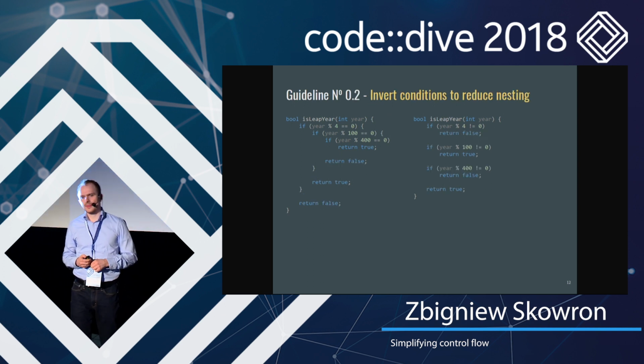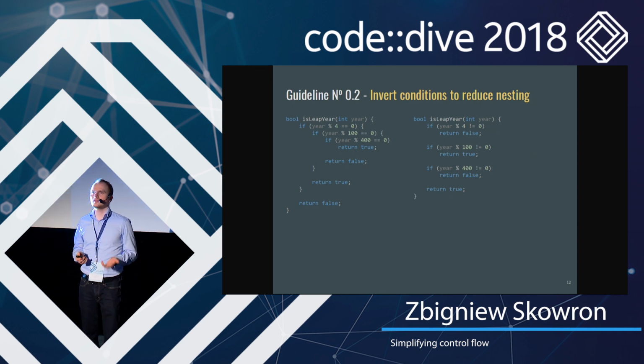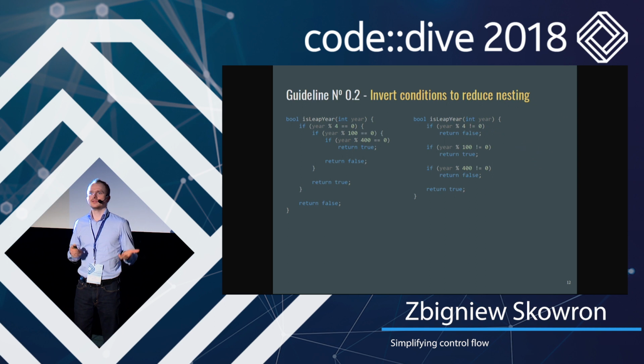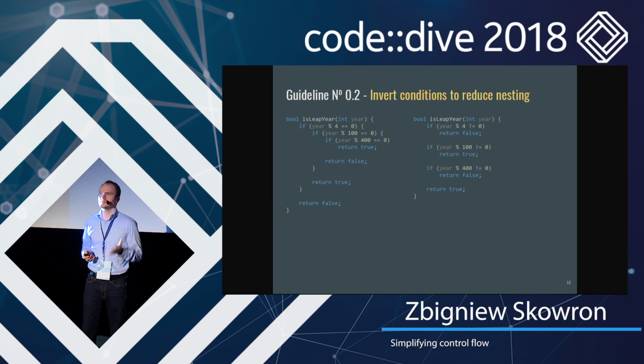So guideline number 2, which is something our IDEs can already do for us: invert conditions to reduce nesting. If we take the code on the left and invert conditions appropriately to reduce the nesting of the if statements, we see that we end up with very simple and very clean code.